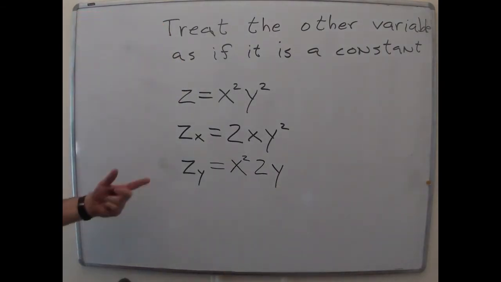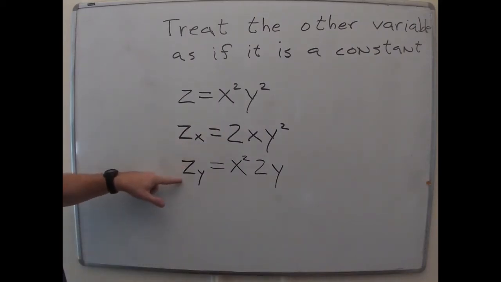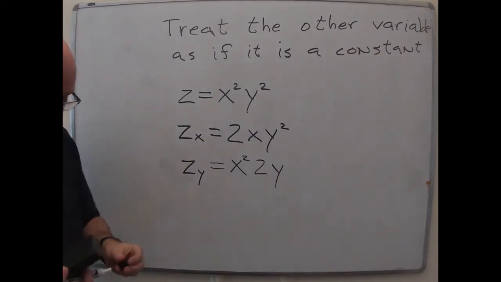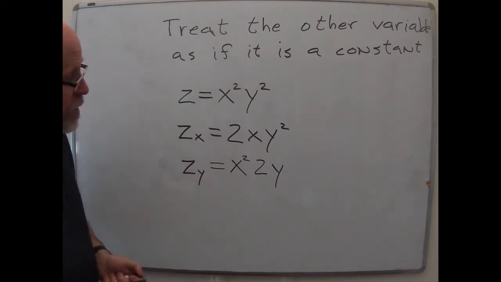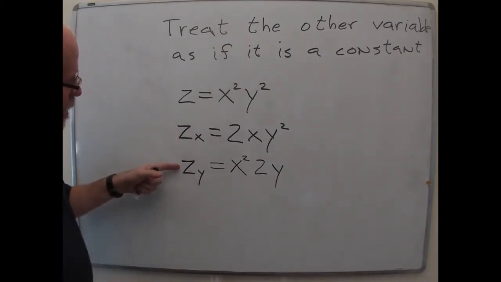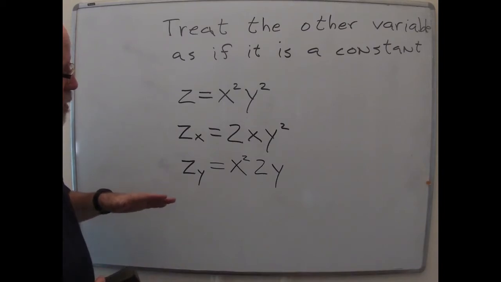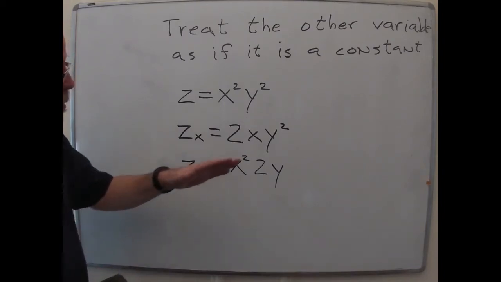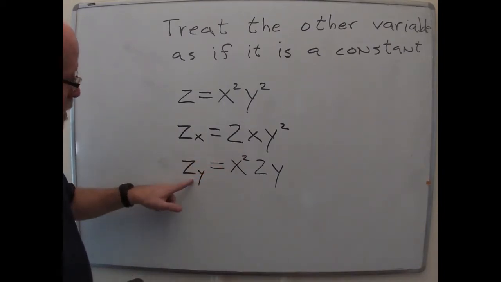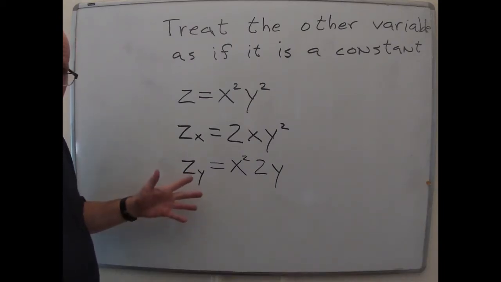And you should notice, by the way, these are not the same. z_x and z_y, actually, we shouldn't imagine that they are the same. Geometrically, what these give us is how is the ground sloped if we move in the x direction versus how is the ground sloped if we move in the y direction. And those can be quite different.